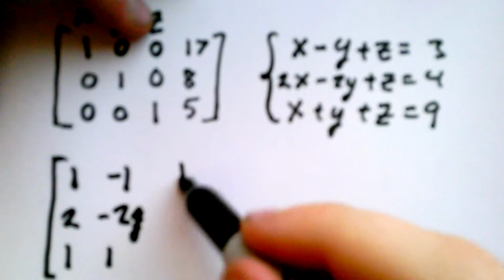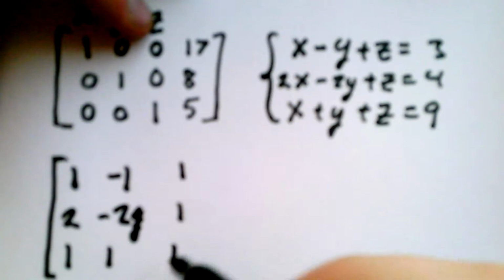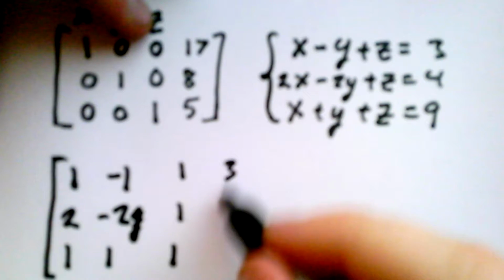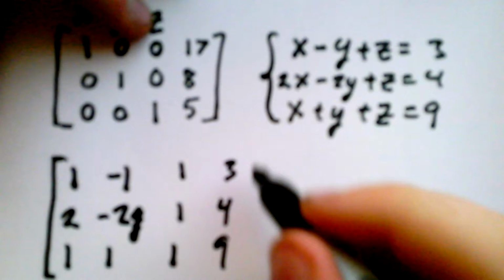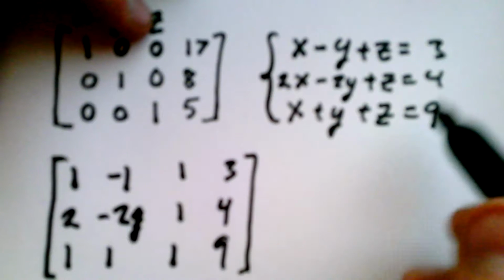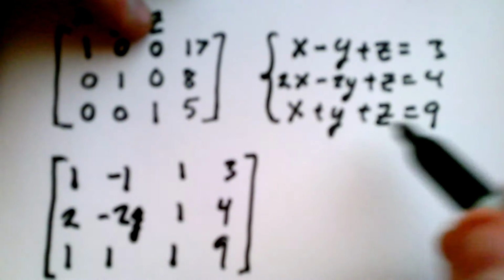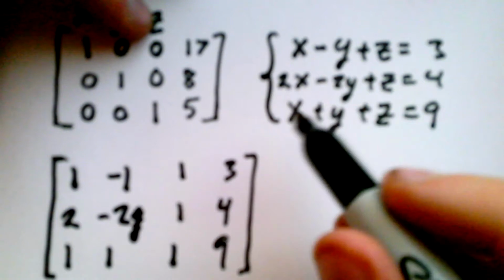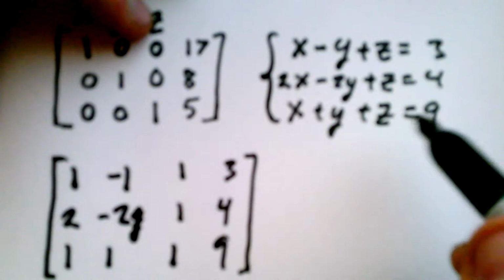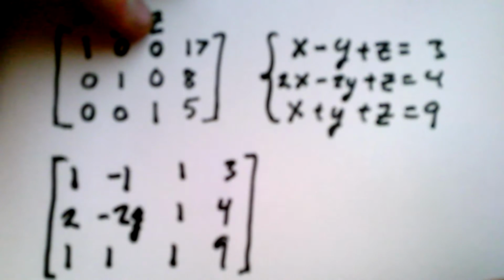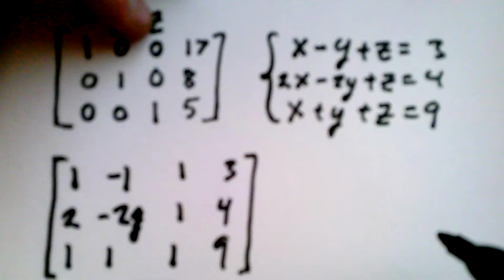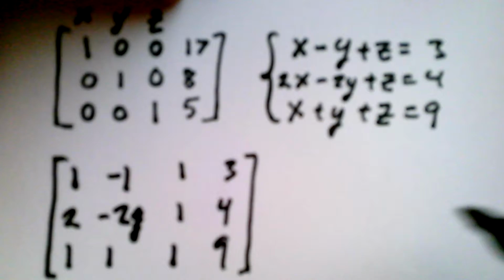We have 1s down the third column, and we have a 3, a 4, and a 9 representing our constants on the opposite side of the equal signs. We need to have all the variables on one side and all of the constants on the other side for our matrix to work properly.